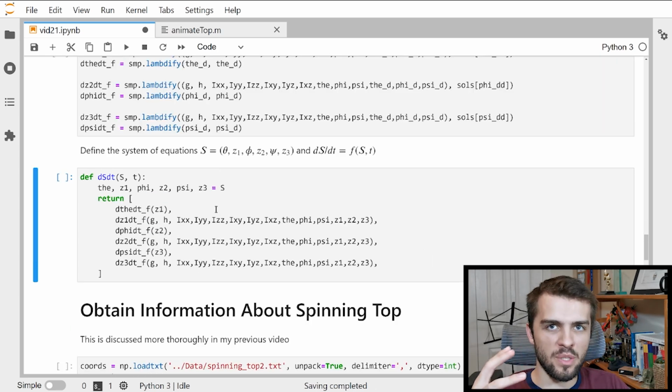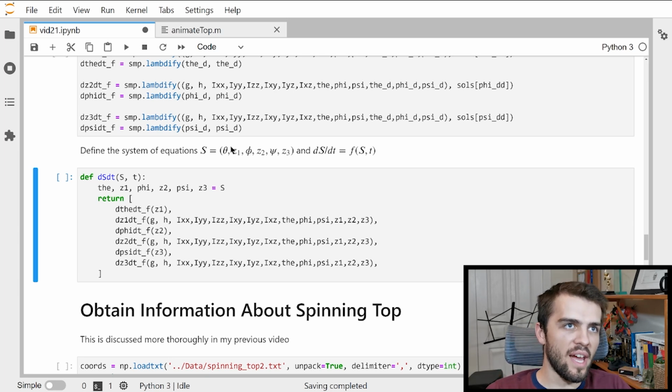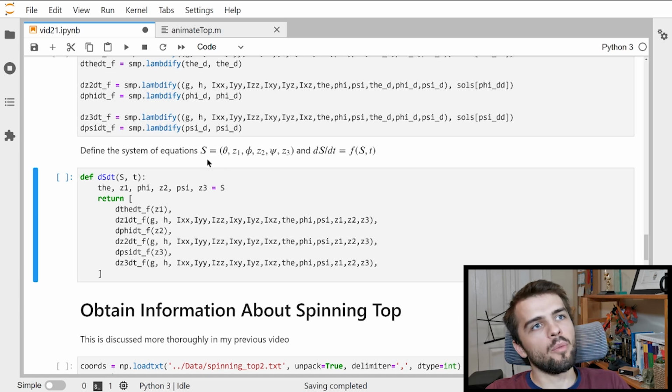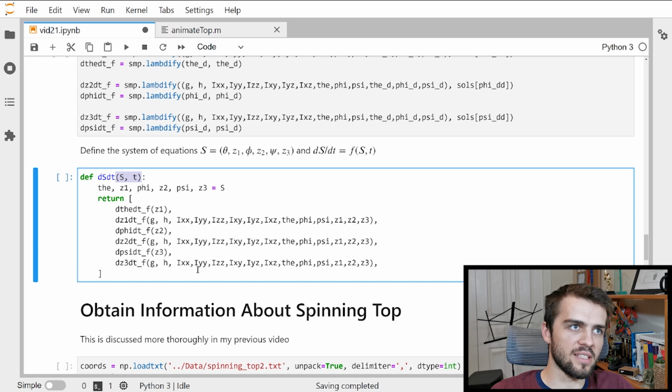So now we define our system of equations, and this is the typical way to do it in Python. You define a vector S, which is theta, Z1, phi, Z2, psi, Z3. We want to find the solution to all of these variables. So we have to define a function, ds dt, that takes in s and t, and it returns the derivative. You can see this function is taking in s and t, and it returns ds dt.